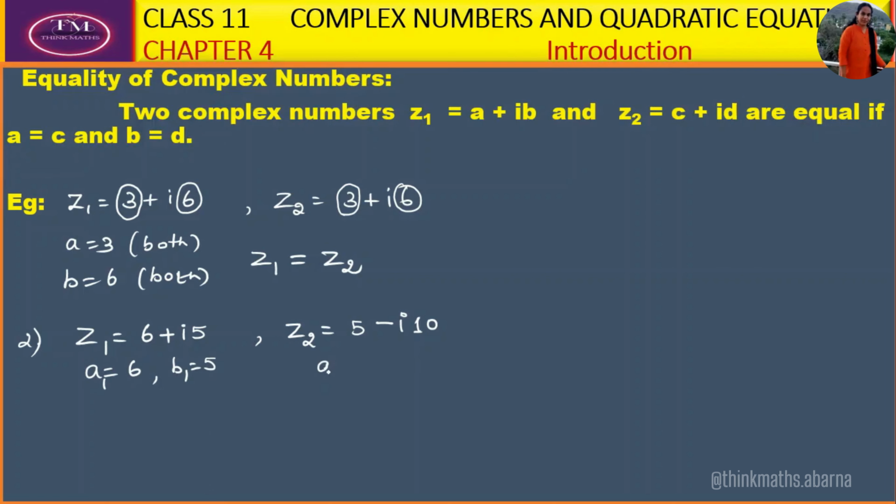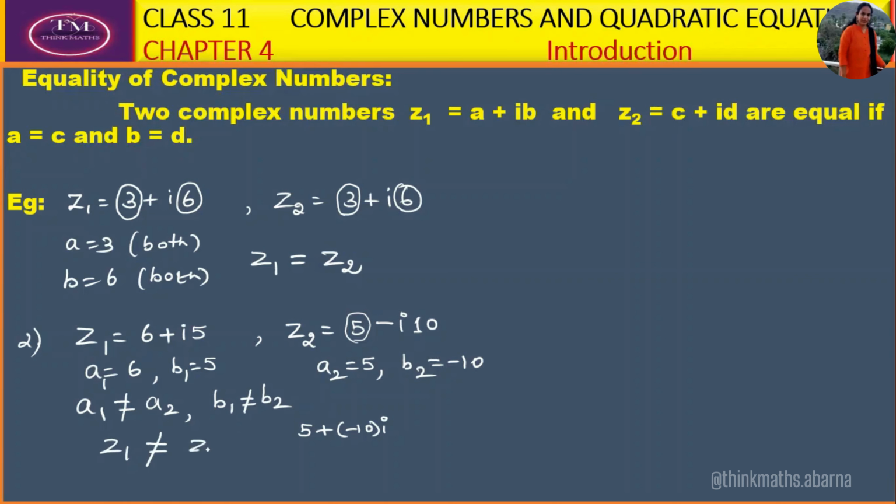And here A2, the real part, is 5 and the imaginary part is not 10, it is minus 10. We have to convert this to 5 plus minus 10i, so B2 is minus 10. Here A1 is not equal to A2 and B1 is not equal to B2. So we can say Z1 is not equal to Z2.